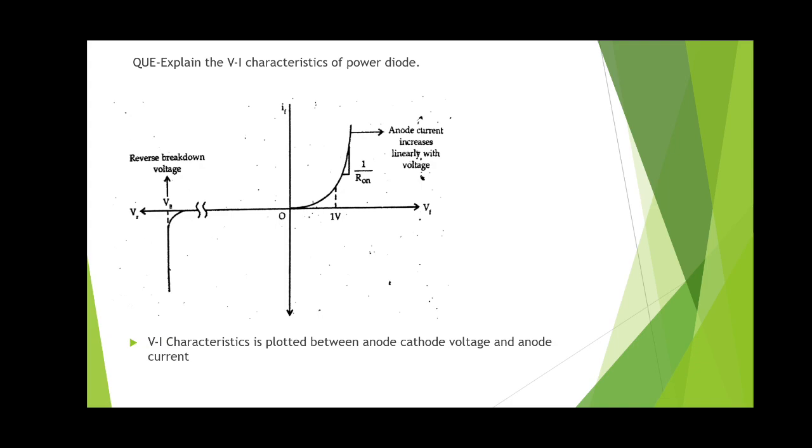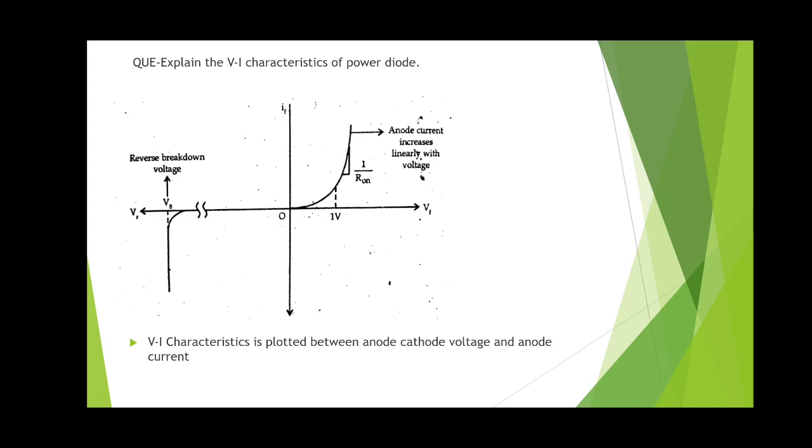When the diode is reverse biased, a very small anode current will flow. This current is called leakage current. When the reverse bias is greater, then reverse breakdown occurs.